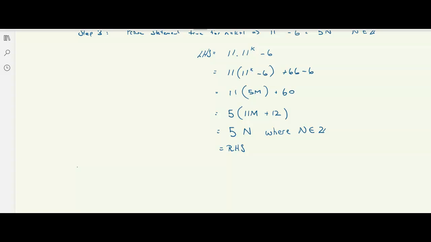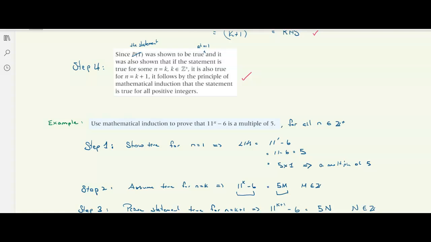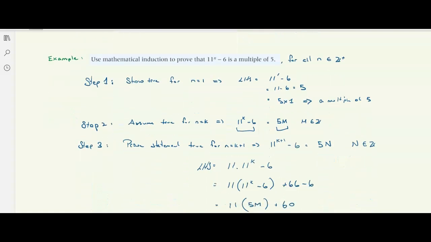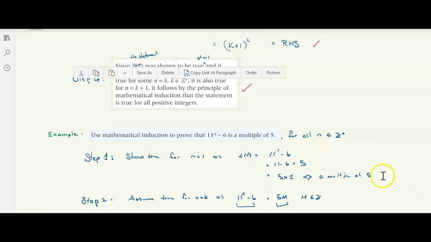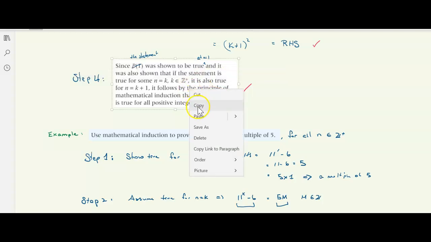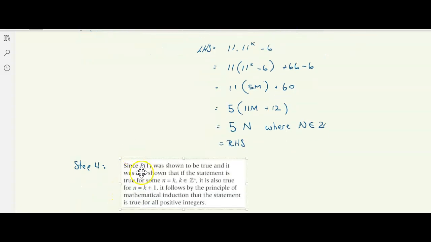So step 4 is this statement here. Since the statement was shown to be true at n equals 1, so we take that and we copy it and paste.